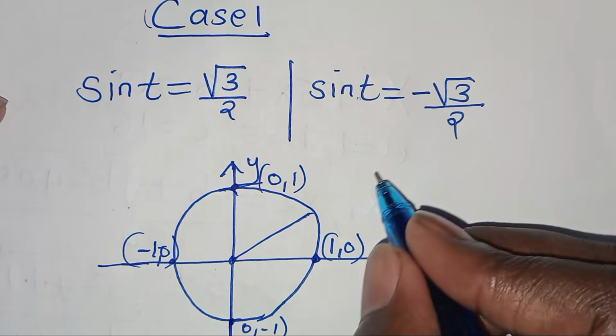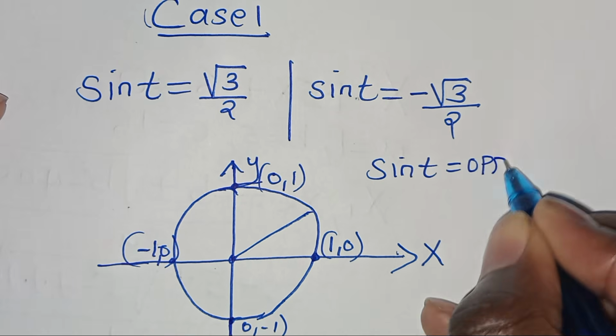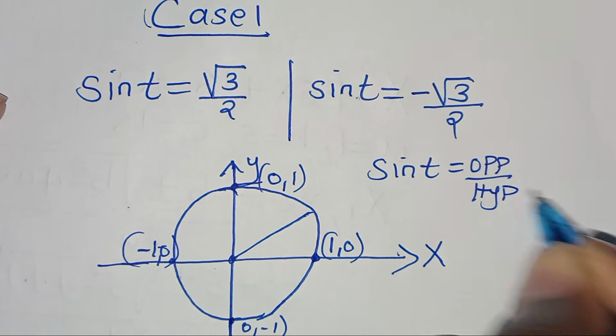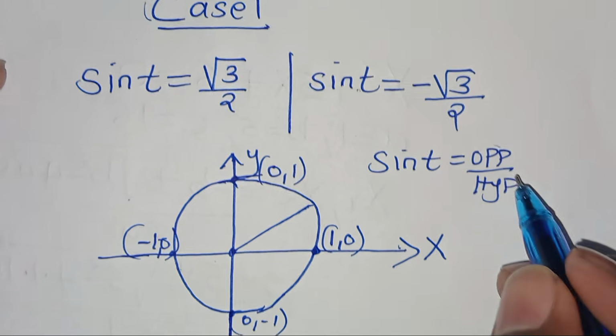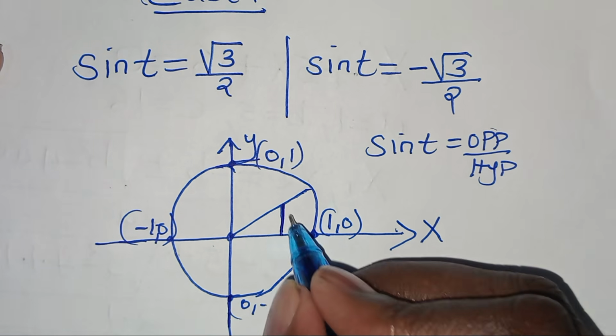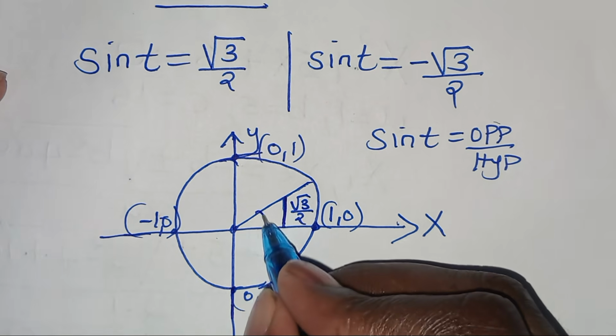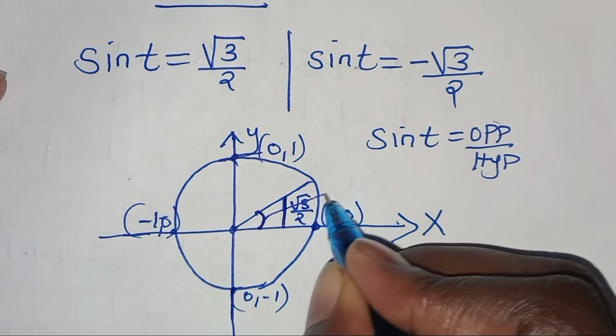Now sine t is equal to opposite over hypotenuse. So we have our opposite here, which is equal to square root of 3 over 2, and we have an angle of 60 degrees.